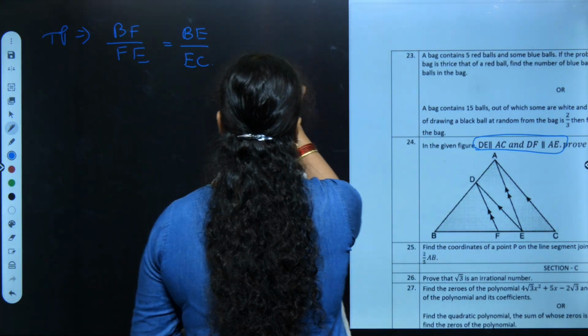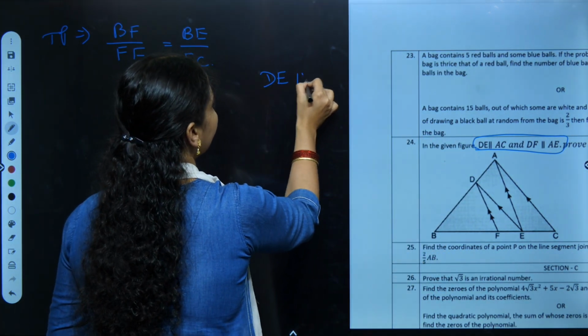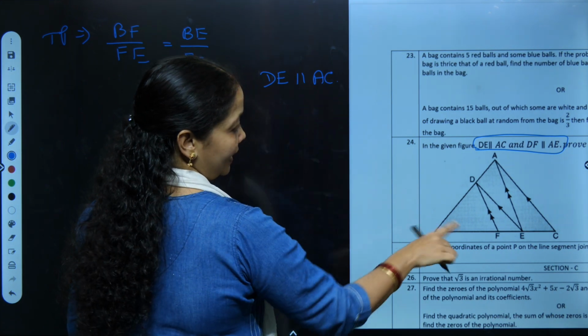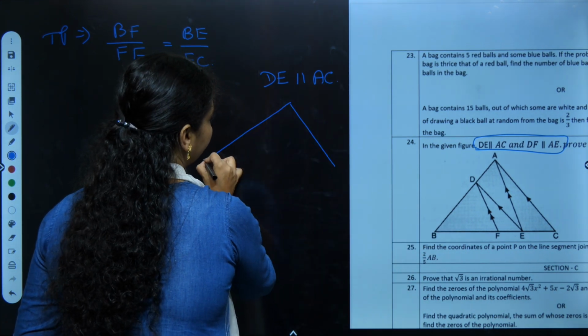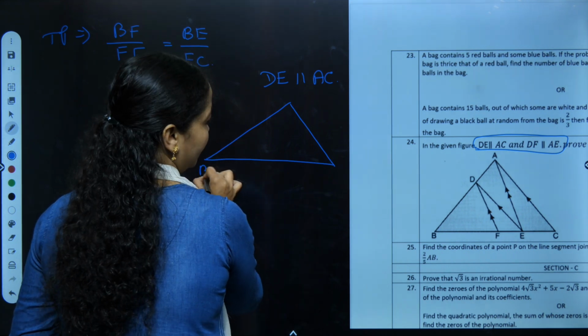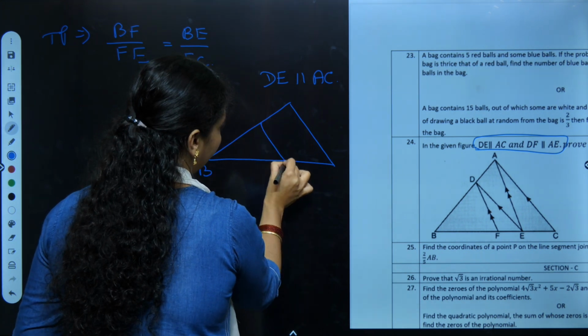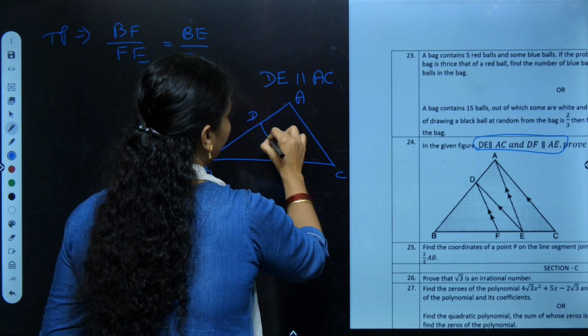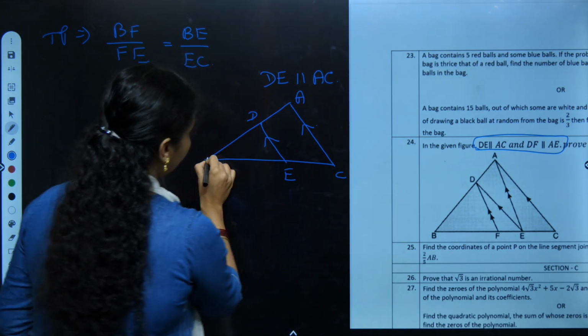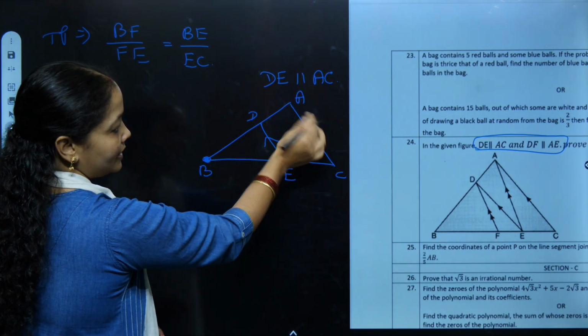First, I will take DE parallel to AC. When DE is parallel to AC, the figure looks somewhat like this. This is B, this is E. DE is parallel to AC. This is my single vertex. Two lines are parallel.